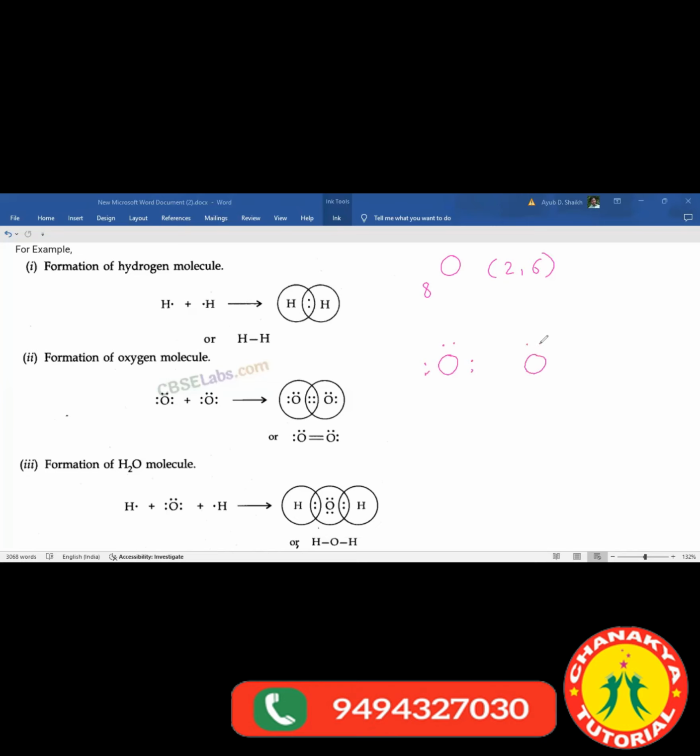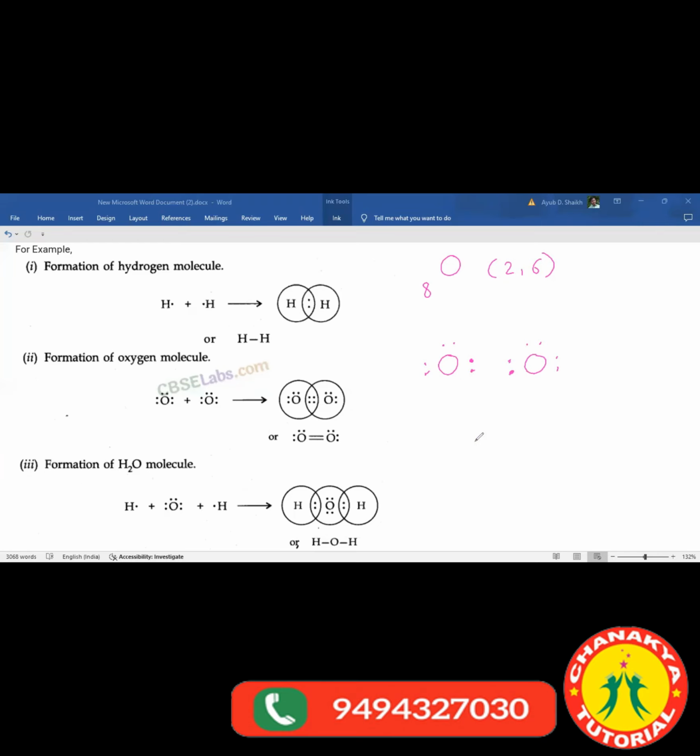Another oxygen has 1, 2, 3, 4, 5, 6 electrons, right? Now what happened? Two electrons have been shared by each atom of oxygen. So how many pairs of electrons? Two pairs of electrons have been shared by two oxygen atoms to form two covalent bonds, and hence oxygen has a double bond. Understanding?